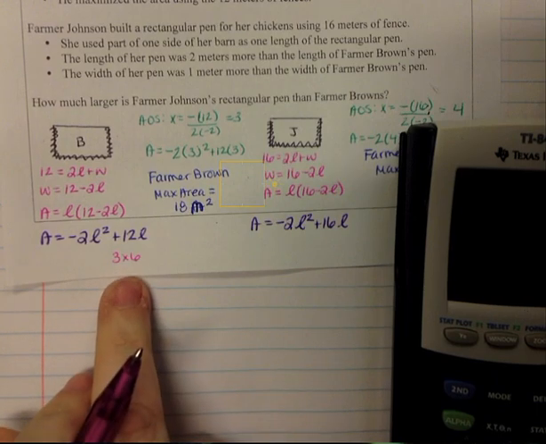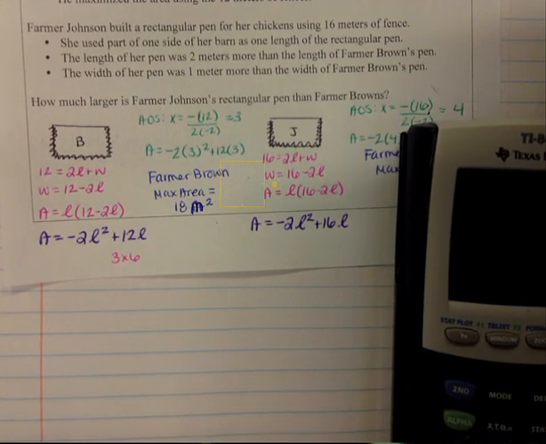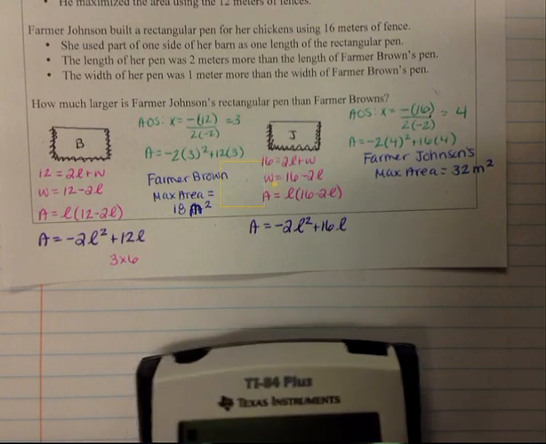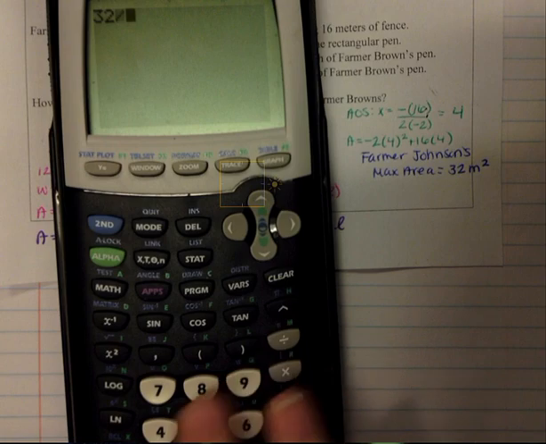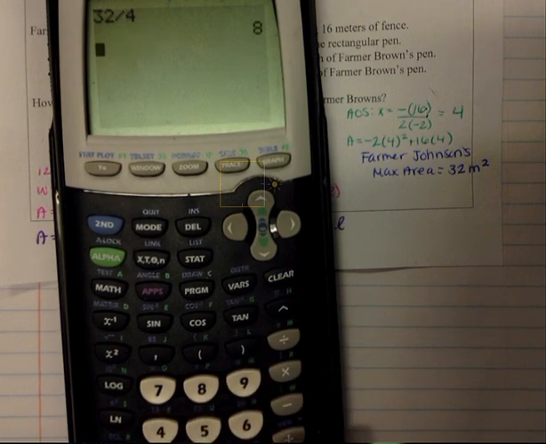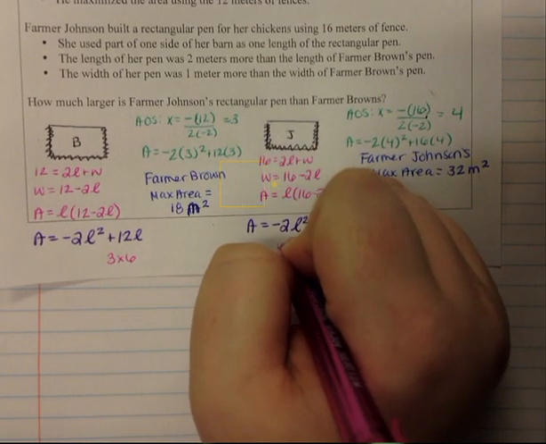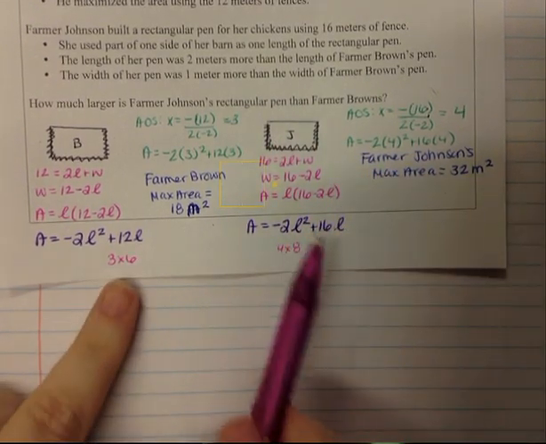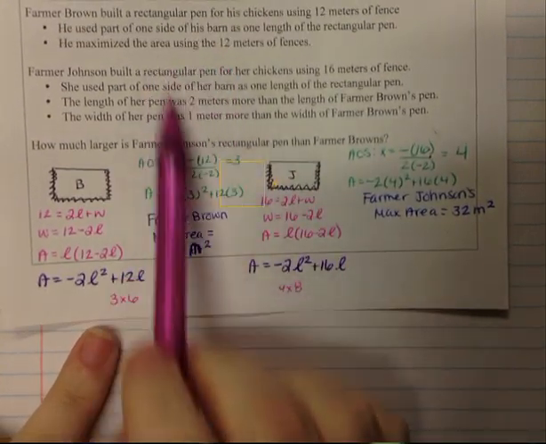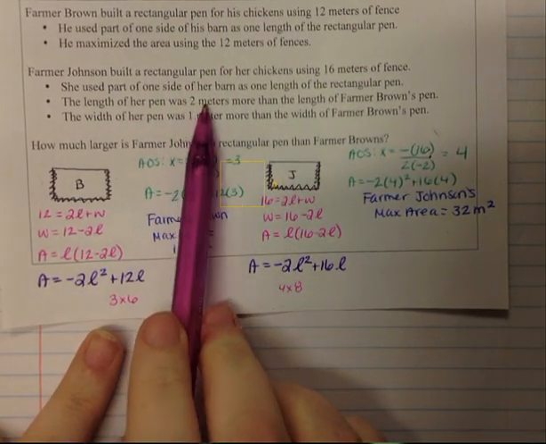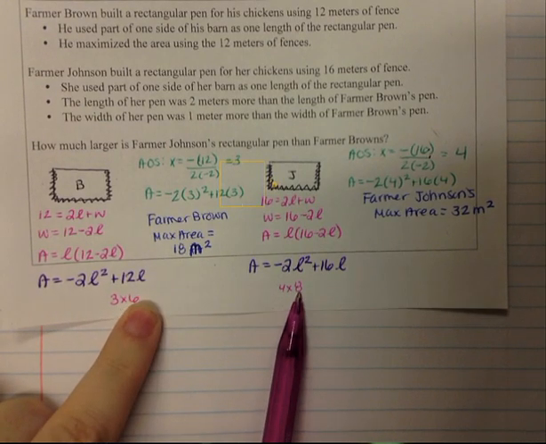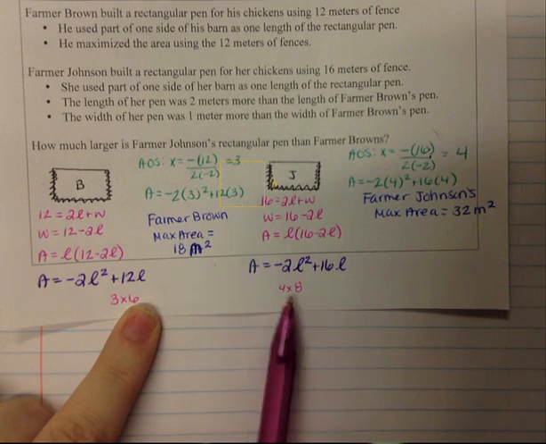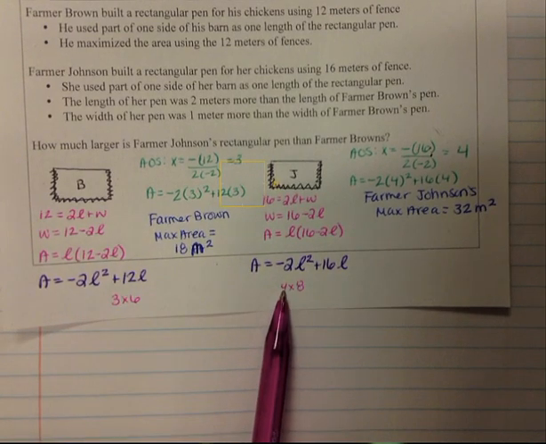Then for Farmer Johnson, the area is 32 meters squared. 32 divided by the length of 4 means her dimensions are 4 by 8. We're supposed to have 2 meters more: hers is 8, his is 6, so 2 meters more. And then 1 meter more, which is 4 and 3, so that is 1 meter more. So we did that correctly.